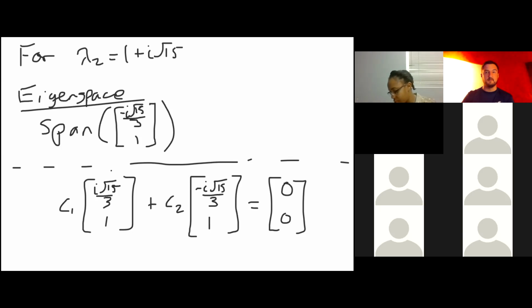Okay, quick question. So if it's a multiplicity of 2, then it would be linearly dependent. What do you mean? What is a multiplicity of 2? So you just said the eigenvectors are linearly independent as long as the eigenvalues are different.